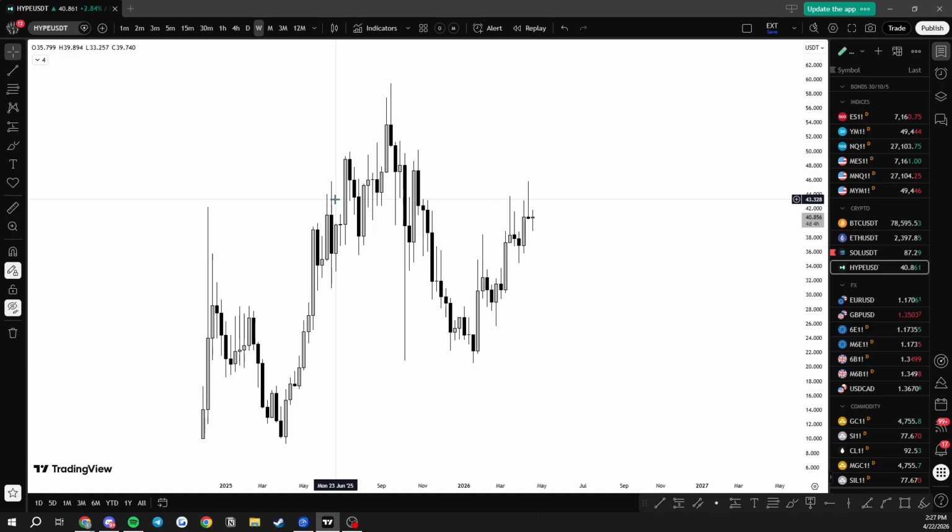Plus, I think HYPE kind of stands out a little bit, being that I don't even know the exact news, but I just know that you can trade ES and NQ 24 hours a day on HYPE now. So if I'm not mistaken, that's one of the reasons why it's just been absolutely popping off. Doesn't give a shit about what the rest of the market's doing. It's doing its own thing.